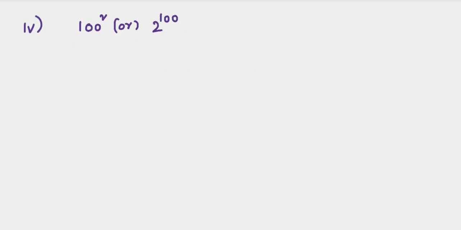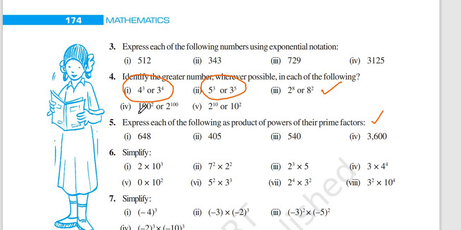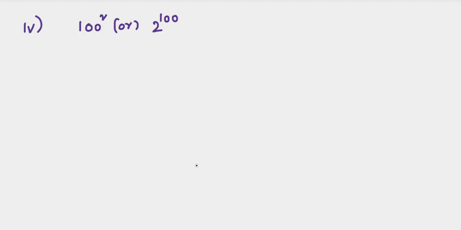The next question is a little interesting question. There is 100 square and 2 to the power of 100. In this question, 100 square you can easily calculate: 100 multiplied by 100 is equal to 10,000.